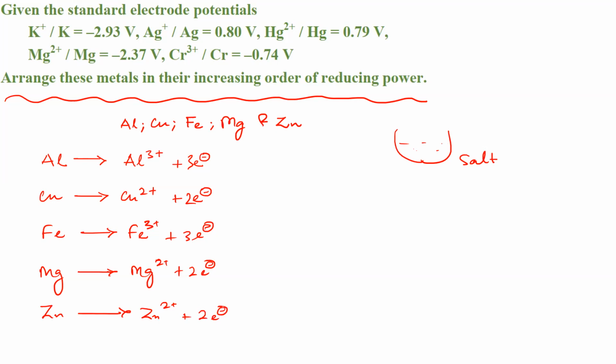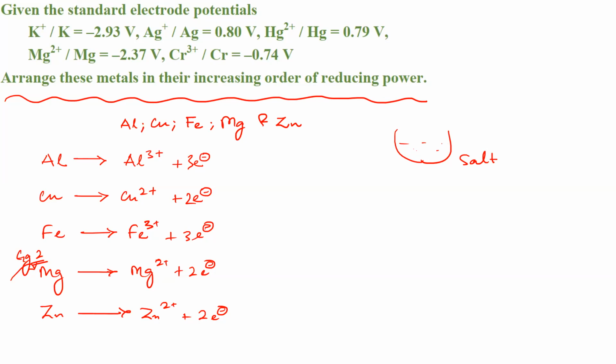Now, how do we determine which of these can easily give out electrons? First, magnesium is an alkaline earth metal, Group 2.